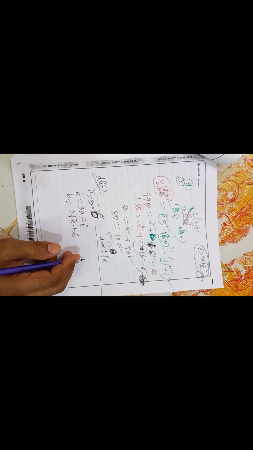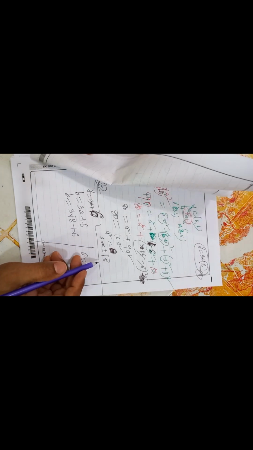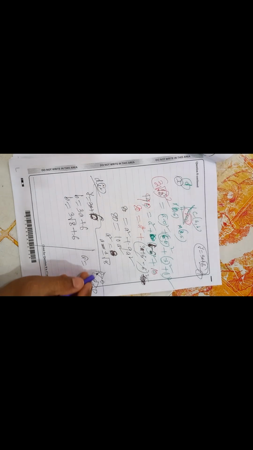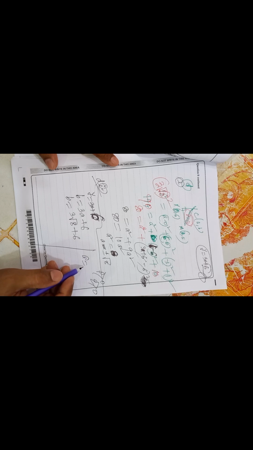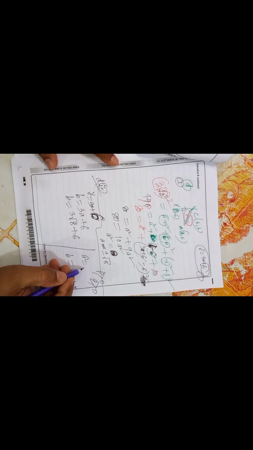Why should I not take plus or minus? Because they said P greater than 0, Q greater than 0. That's why I took the positive value. So a is root 8 and b is 3 root 8 plus 6.